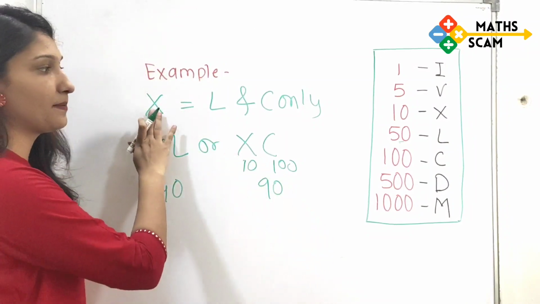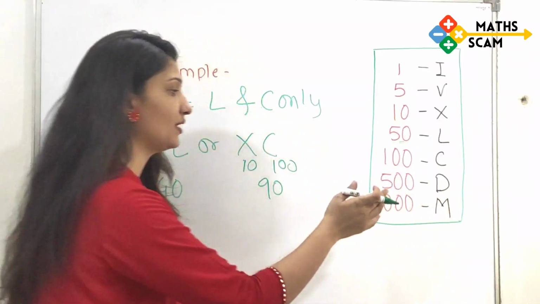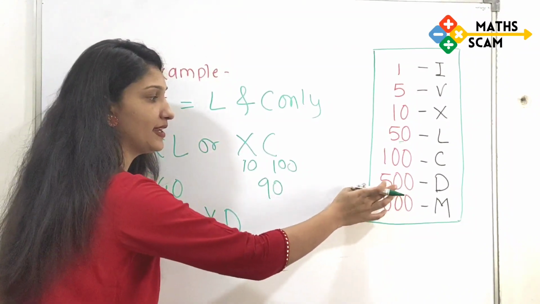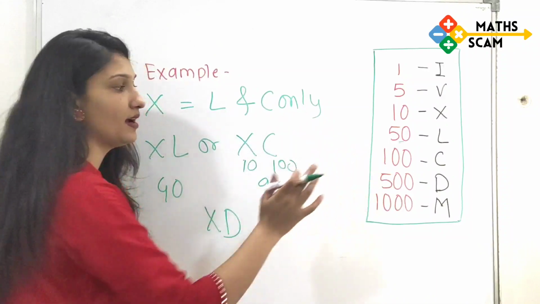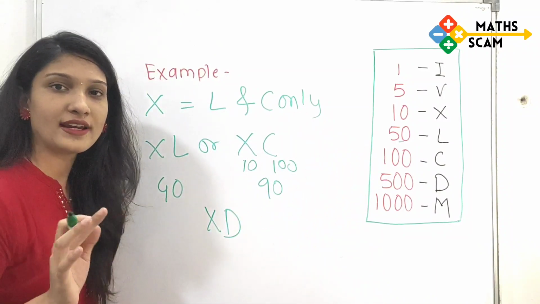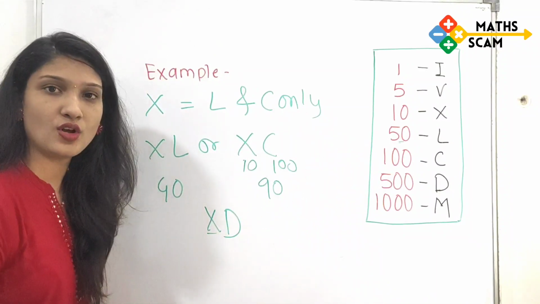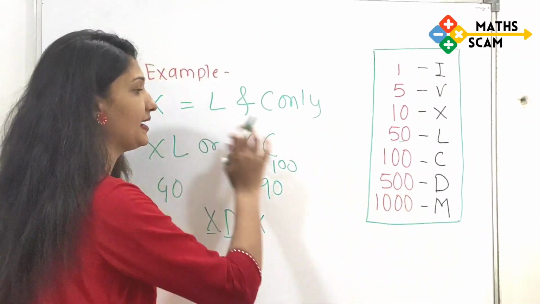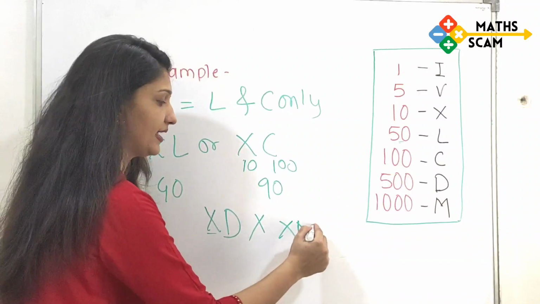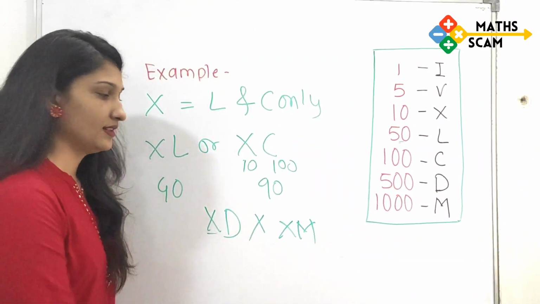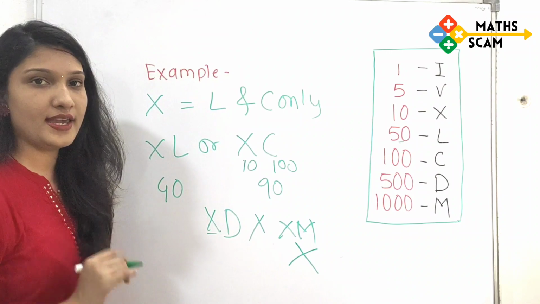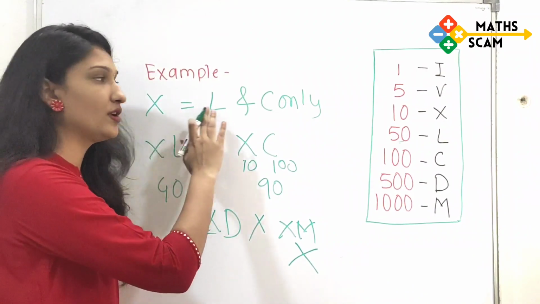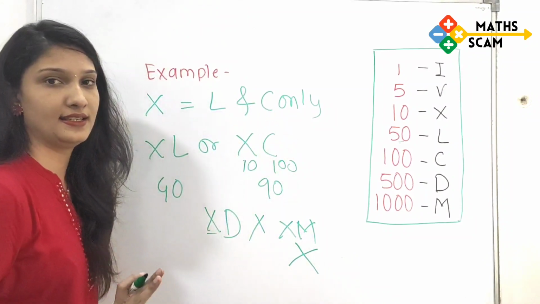But we cannot subtract X from D. So like XD, can we write XD? No, we cannot minus 10 from 500. We cannot write 490 as XD. Or we cannot write X before M. So we cannot write XM. That's wrong. Okay. So only remember that X can be subtracted only from L and C.